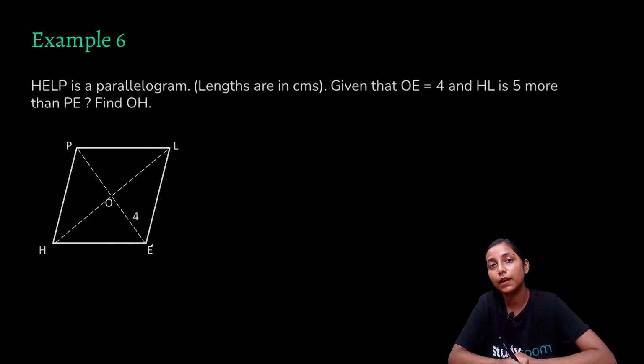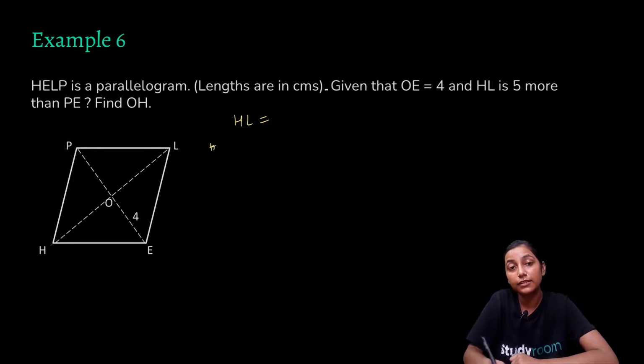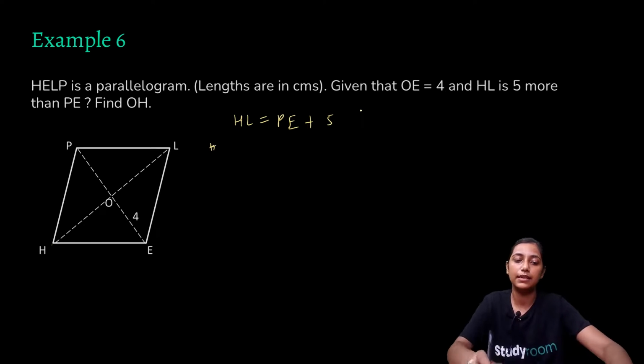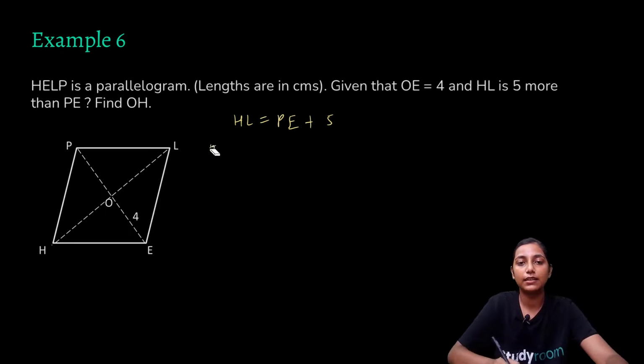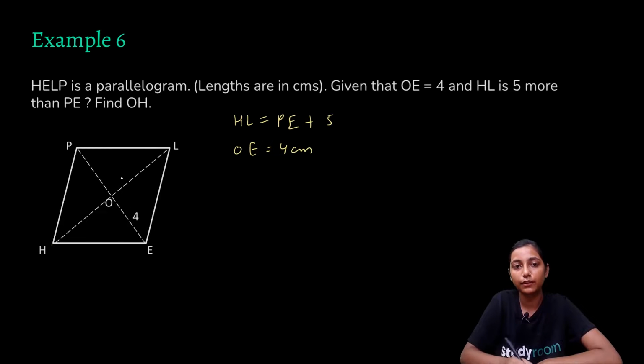So whatever our PE is, HL is going to be PE plus 5, that is, 5 centimeters more than PE, right? Given OE is equal to 4 centimeters. If OE is 4, we know that OP will also be equal to 4.